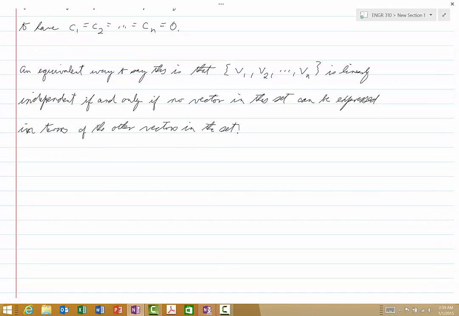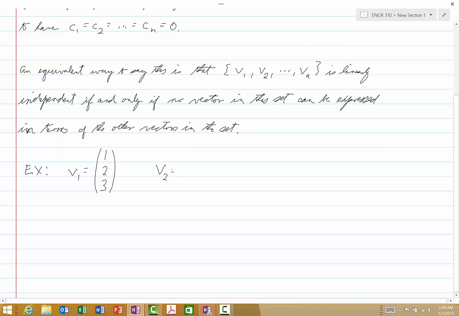So for instance, let's look at an example. Let's suppose that v1 was equal to the vector 1, 2, 3, and v2 is equal to the vector negative 1, 0, 2. And let's define v3 to be 1, 4, 8.